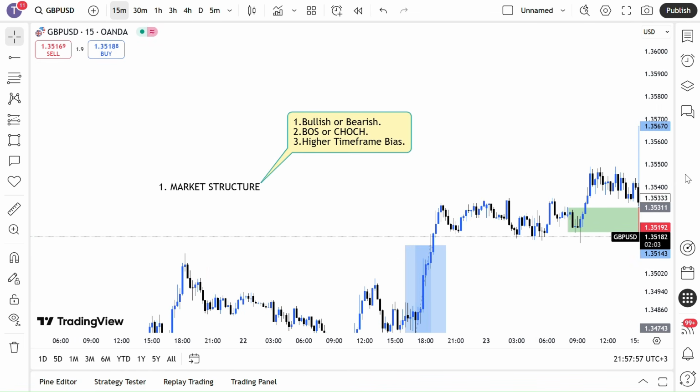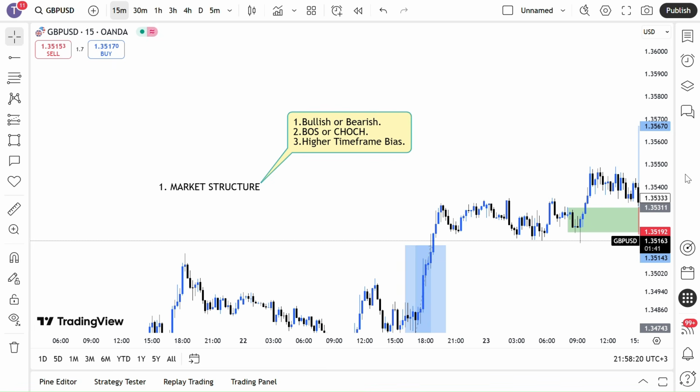Number one, we have market structure. Before you take any trade, ask yourself these questions. Number one, is the market clearly bullish, making higher highs or higher lows? Or bearish, making lower lows and lower highs? That is number one.